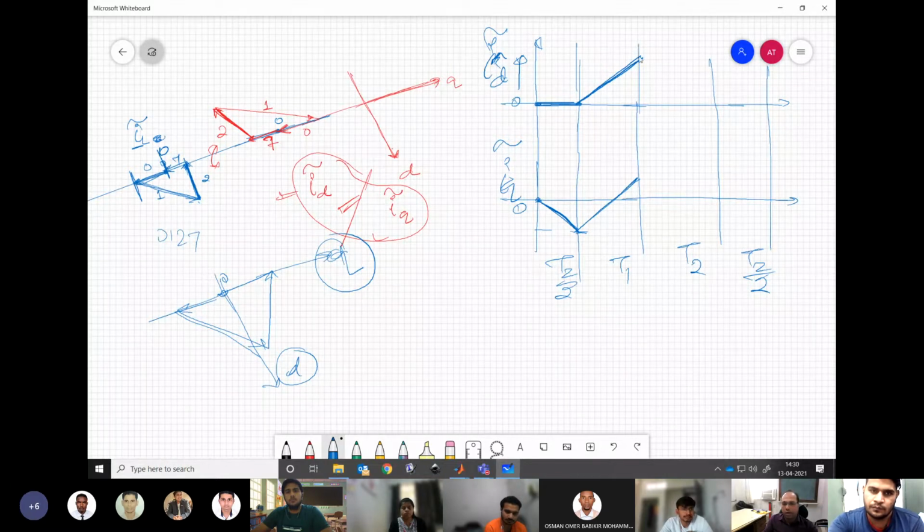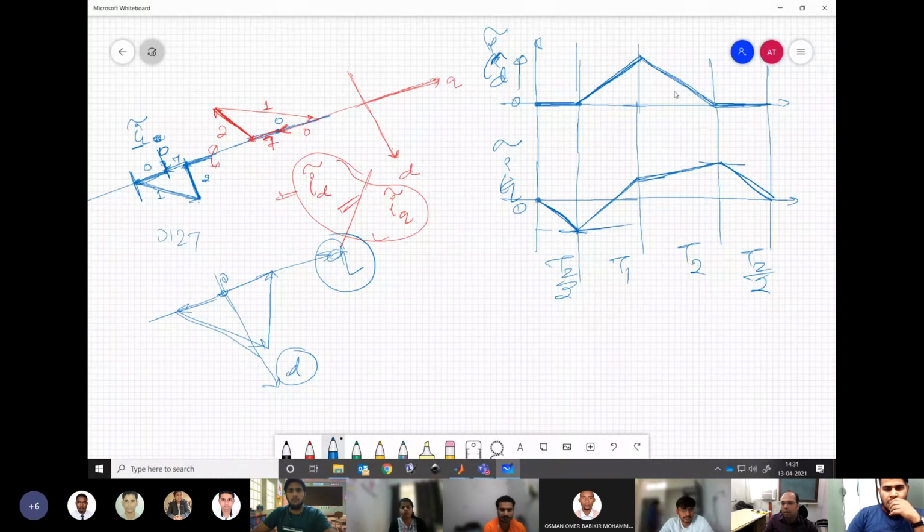So this is creating a lot of change on the D, but very small change on the Q, because the error is almost perpendicular. So this D axis ripple would look like this. It is reaching 0, again reaching the Q axis. And for the rest of the time, Tz by 2, D is maintaining 0, whereas Q is coming back to 0. Now we can see what is the peak to peak ripple on the D axis and the Q axis for the current.